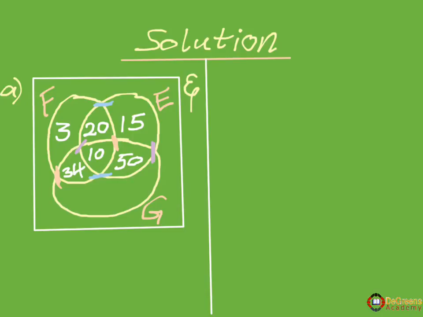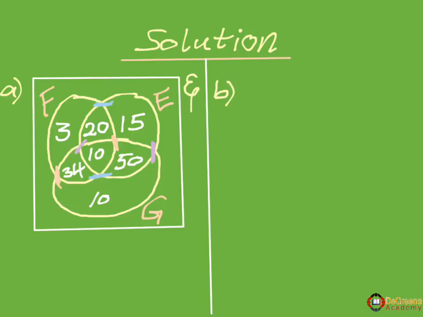So adding those values, you have 34 plus 10 gives 44. 44 plus 50 gives 94. So what is lacking to make 104 is 10. So 10 goes to that region for German only. Therefore, the Venn diagram has been drawn to represent that information.